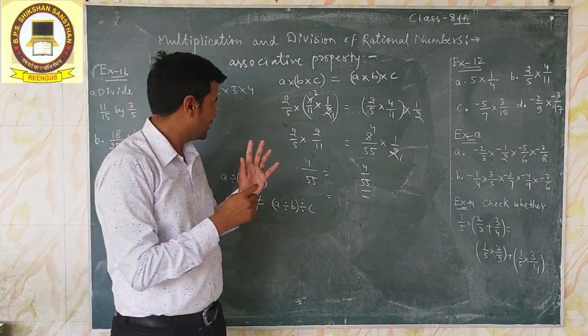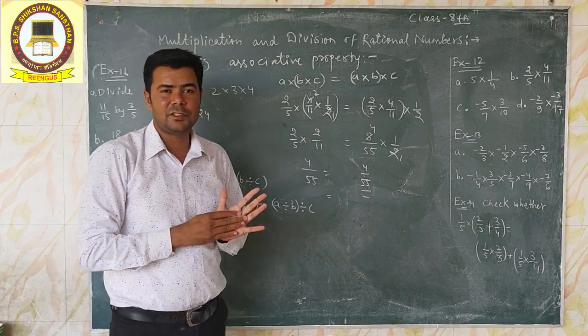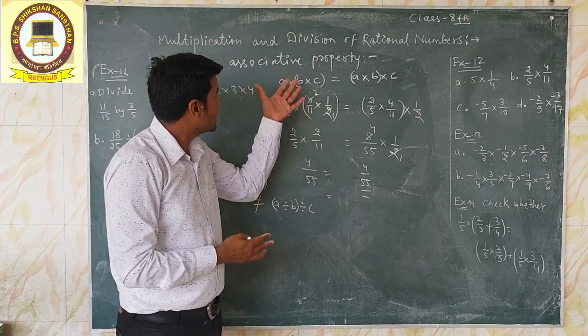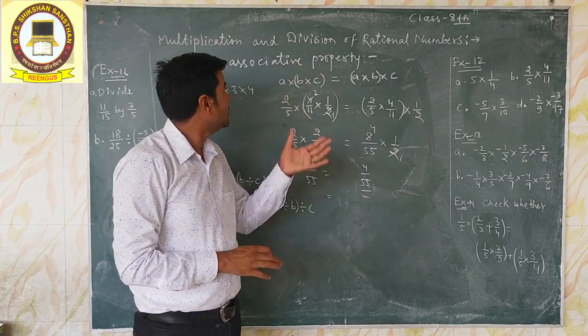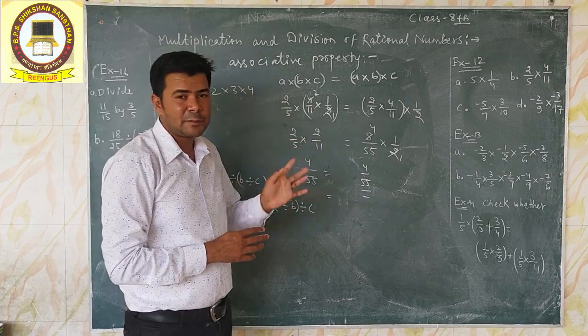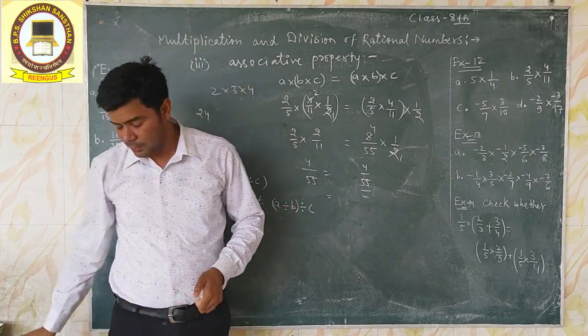But this is not true for the division. डिवीजन में आंसर आपके चेंज हो जाते हैं. So we can say associative property is applicable for multiplication but not for division.